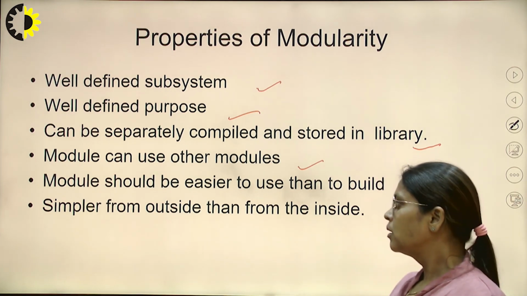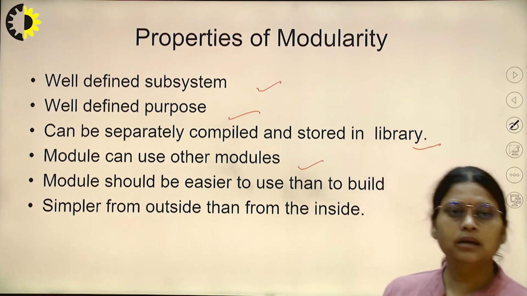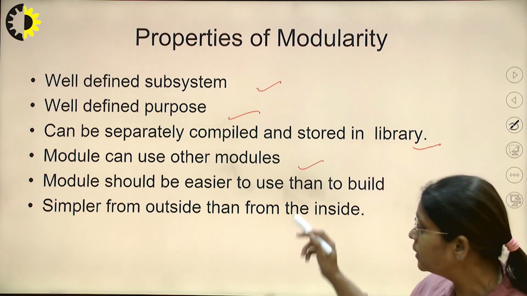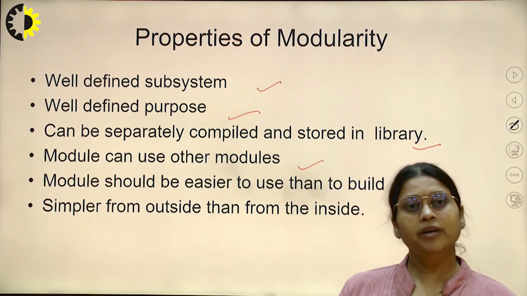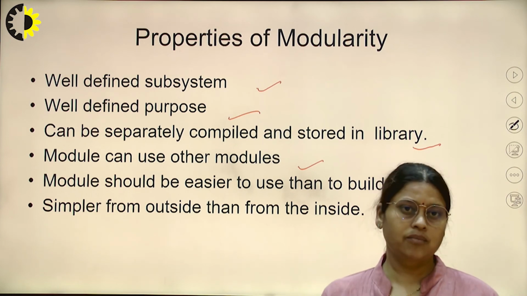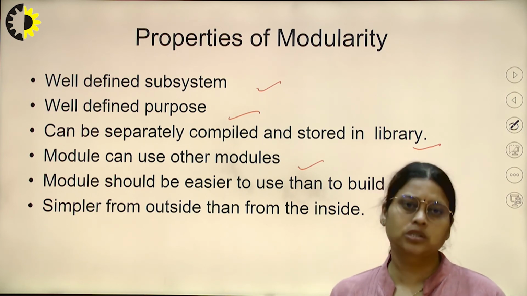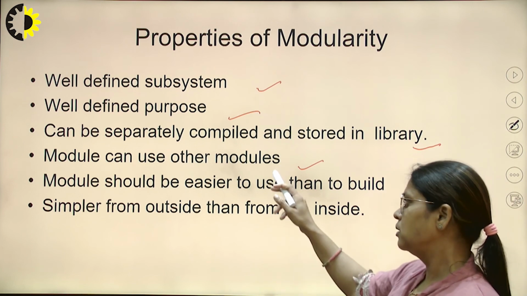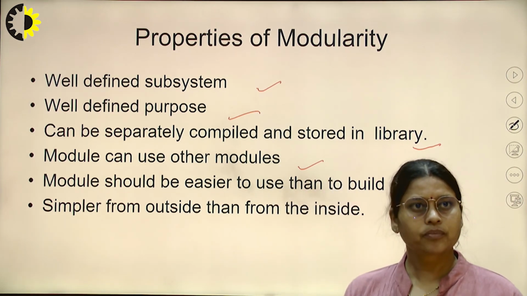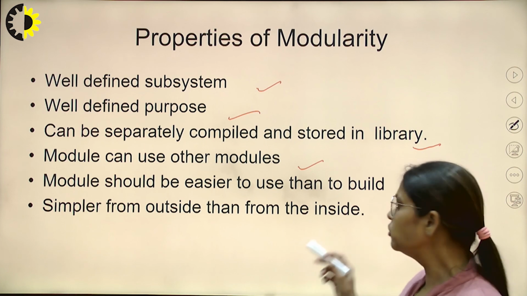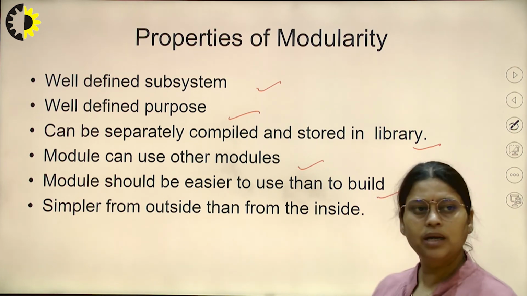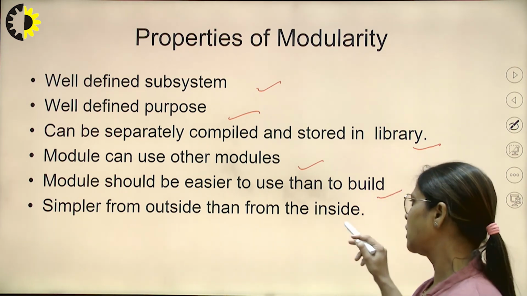But we should keep in mind that the dependency should be minimum. We can't say that we can make software without dependency. No, it is not possible. So modules use other modules also, and modules should be easy to use and to build, and similar from the outside as from the inside.